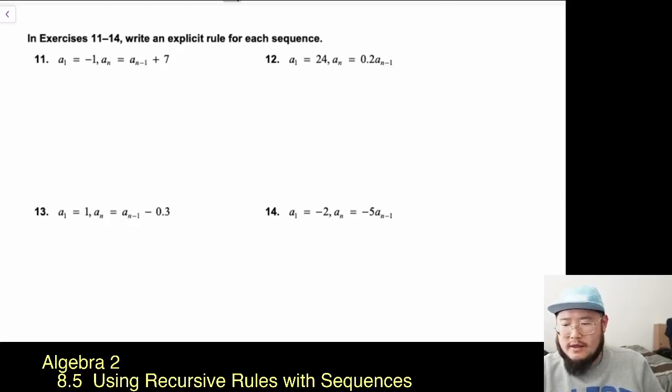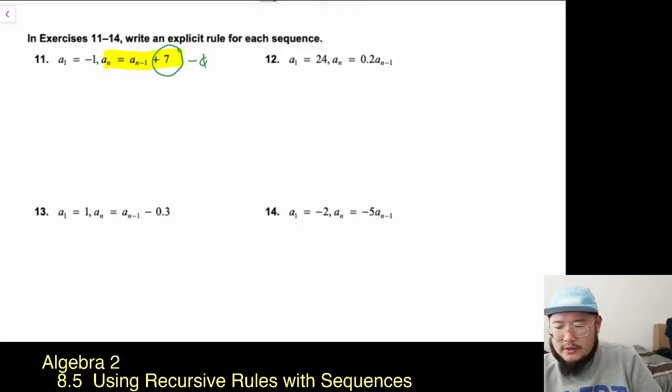And then if I take a look at this equation, doesn't that look like it's arithmetic? And that plus 7 is in the spot of your common difference? I certainly hope so. So what that'll allow us to do is write our explicit rule, which is what we've actually been writing so far.